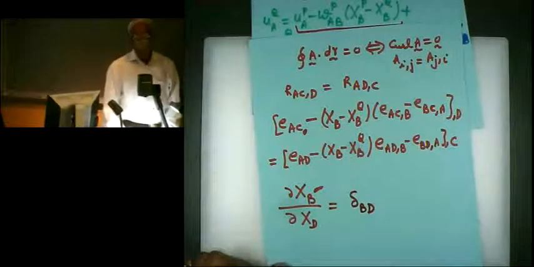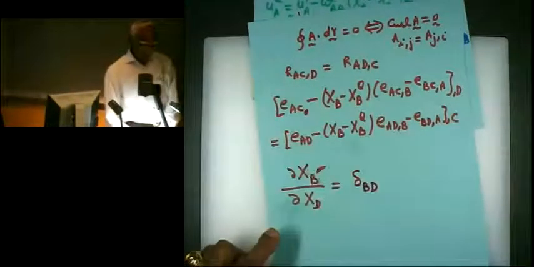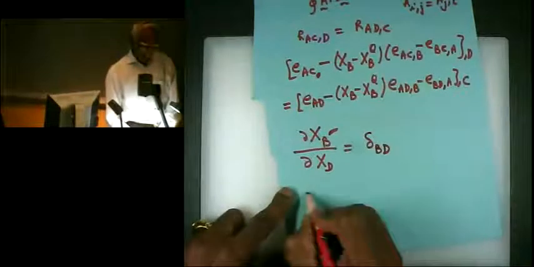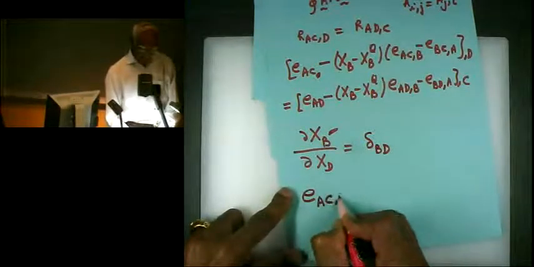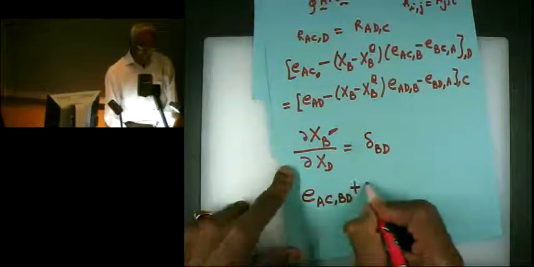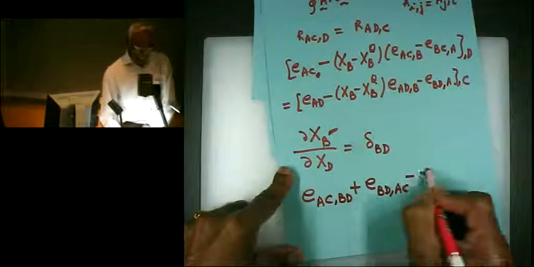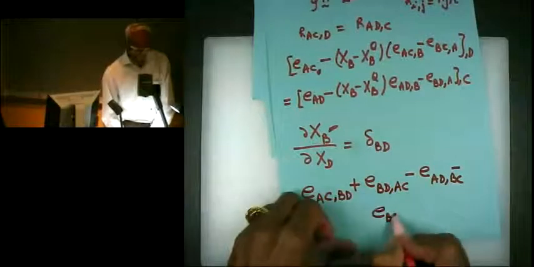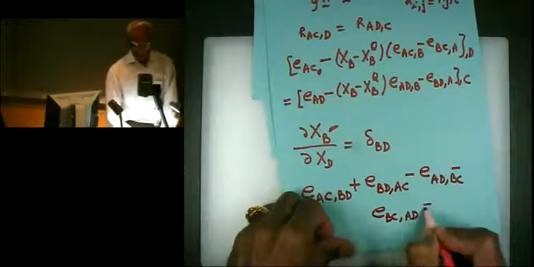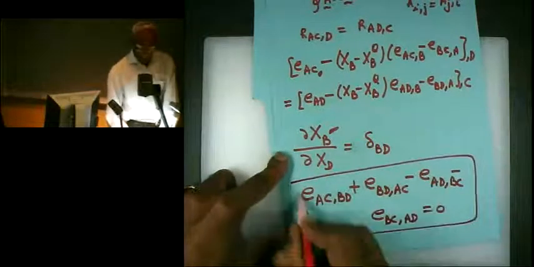So if you recall this and carry out this differentiation, the end result is going to be A_AC,BD plus A_BD,AC minus A_AD,BC minus A_BC,AD equal to 0. So this minus is minus here.